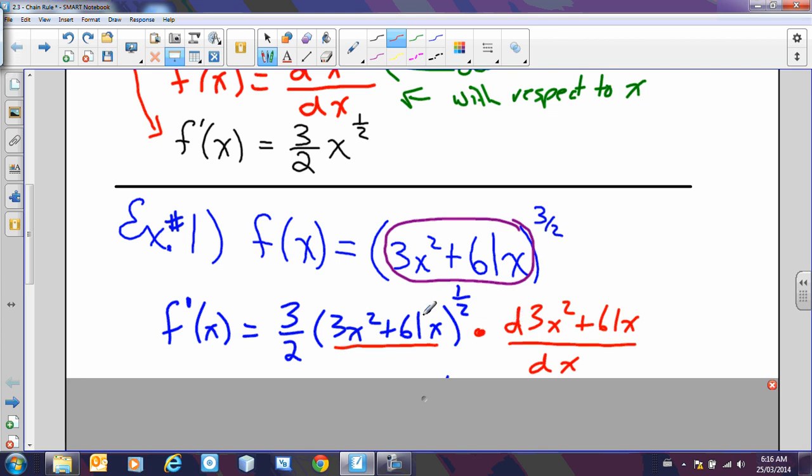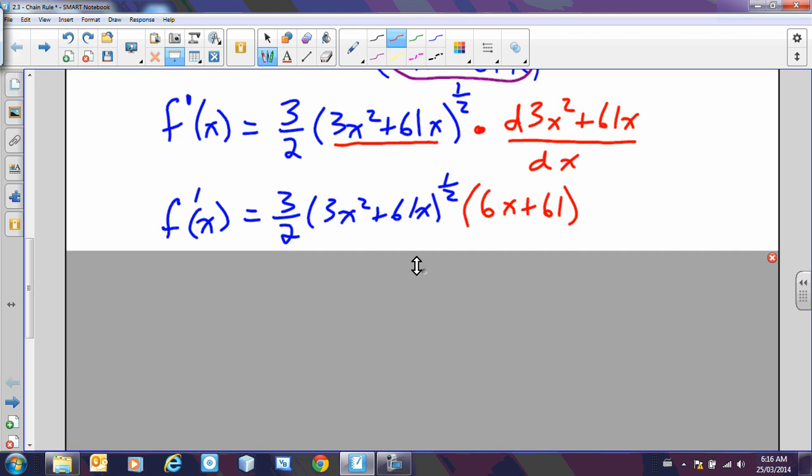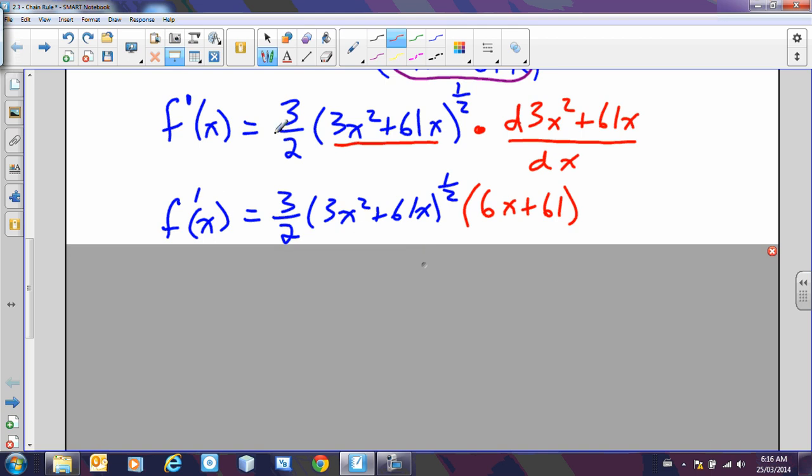So we're going to multiply this first part by the derivative of the 3x squared plus 61x with respect to x again. And so what we end up with, the first part of our result hasn't changed, and then over here, 6x plus 61.